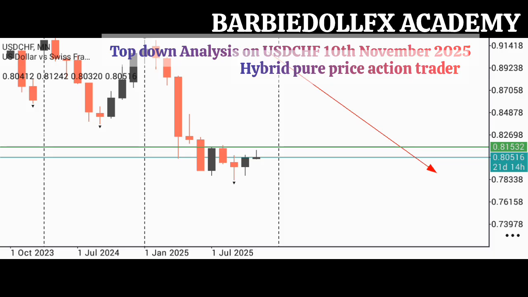When we come to internal liquidities, that's when you start hearing fair value gap, FVG, inverse fair value gap, order block, breaker block. Those are called internal liquidities, and we cannot leave them out.